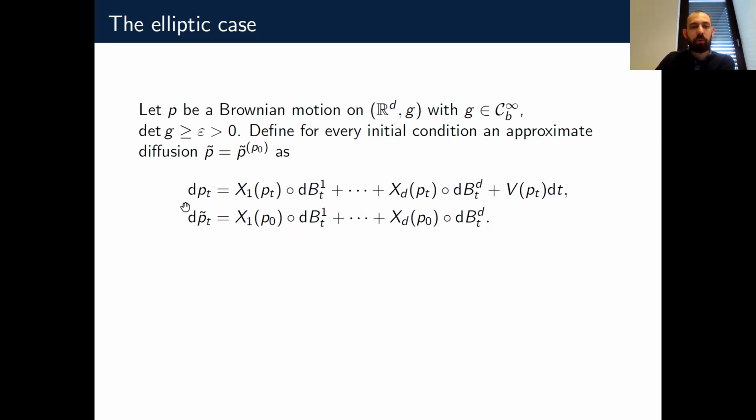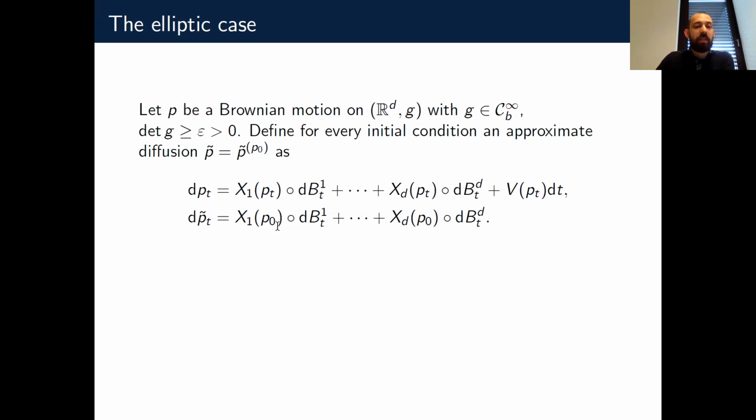So my Brownian motion locally can be written as the solution of some SDE. What I'm going to do is take an approximation of this equation, where I just freeze every single one of these coefficients at my initial point. So I have a collection of approximations frozen at the initial point.